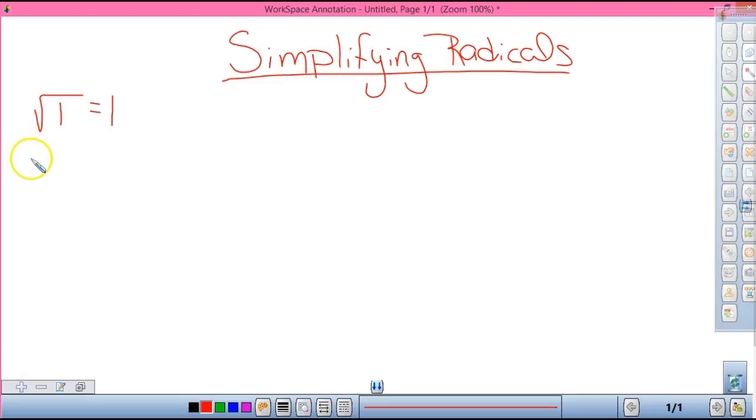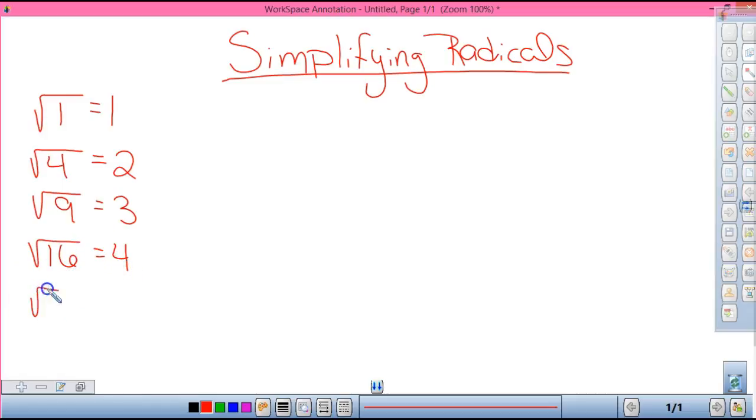What's my next perfect square? Square root of 2 is not a perfect square. The square root of 4 is 2. Square root of 9 is 3. Square root of 16 is 4. Root of 25 is 5.